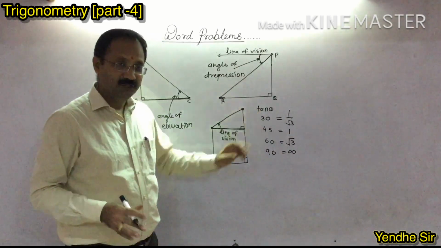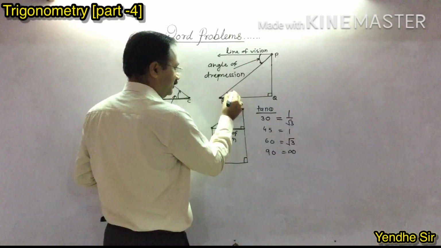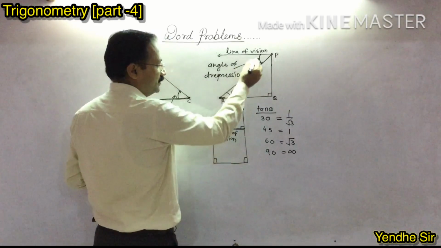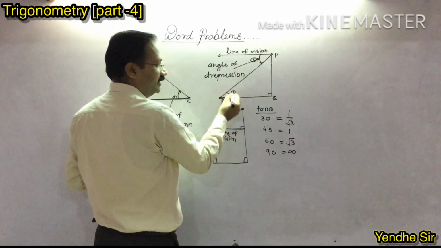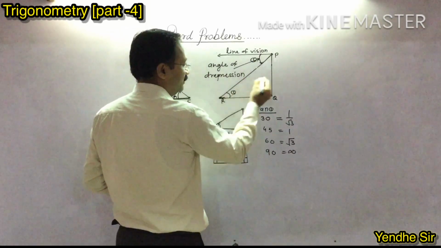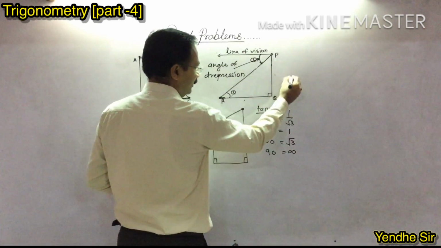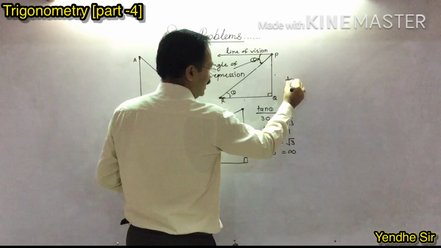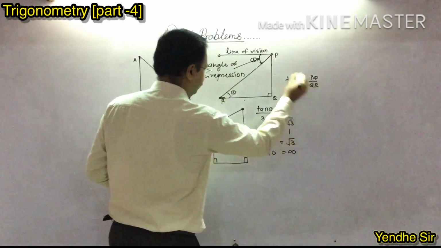And I know that you know the formula for the tan theta. Can you tell me the formula for the tan theta? See, if I take this as a theta, then it will be a theta here because they are the alternate angles. So tan theta means opposite side upon adjacent side. So here tan theta equals PQ upon QR.